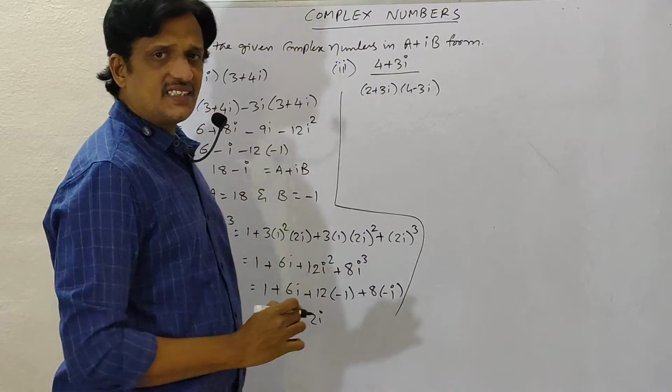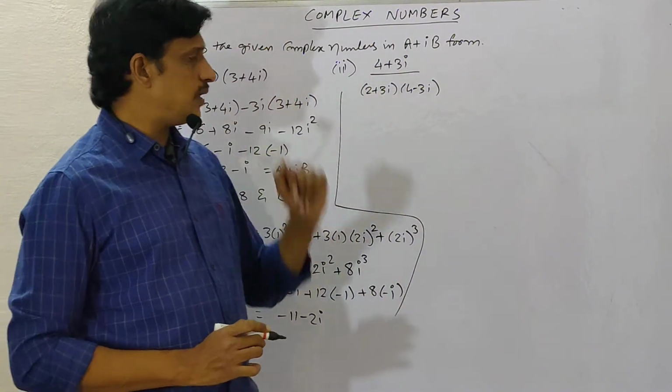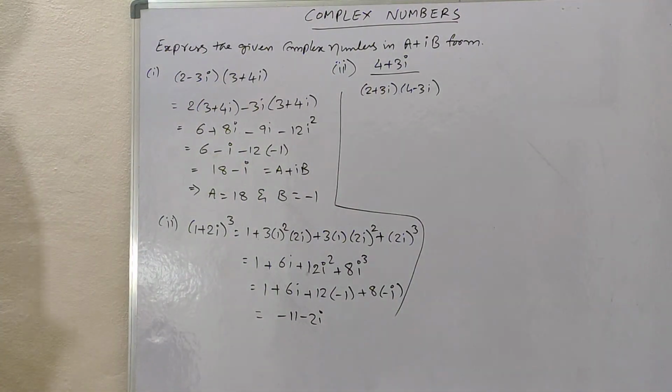Now we have to write this given complex number in the form of a plus ib. Check this one: 4 plus 3i by 2 plus 3i into 4 minus 3i.